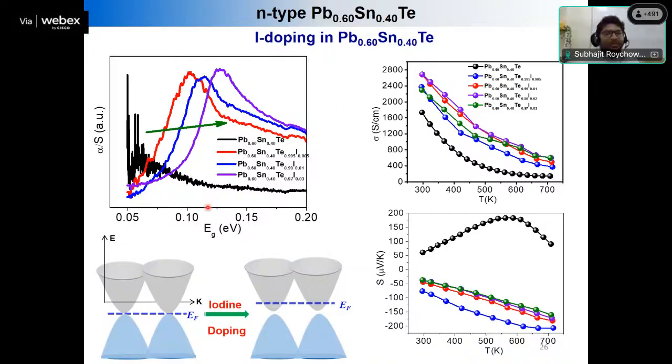And as a result, you can see iodine again acts as a chemical dopant. So it breaks the mirror symmetry and opens up the gap. But at the same time, now iodine moves the Fermi level to the conduction band. As a result, we observe a negative Seebeck, which indicates that now electrons are the major carrier.